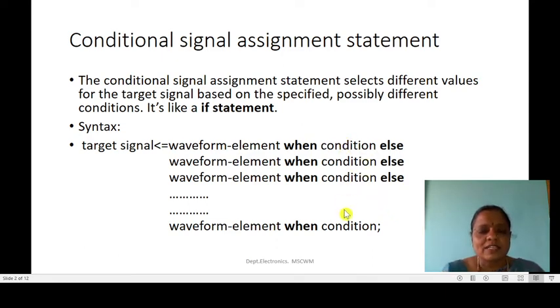If any one condition is true, then that value is assigned to the target signal, and it is not going to check any others, according to the same if statement. But here one final value is there. If all the conditions are false, then this final one is going to execute.